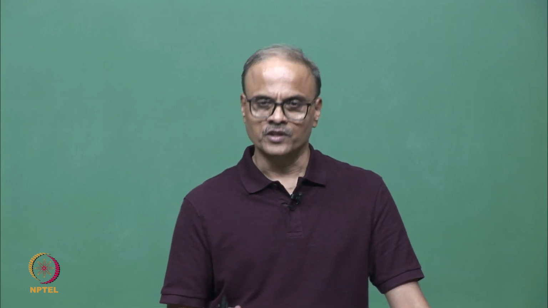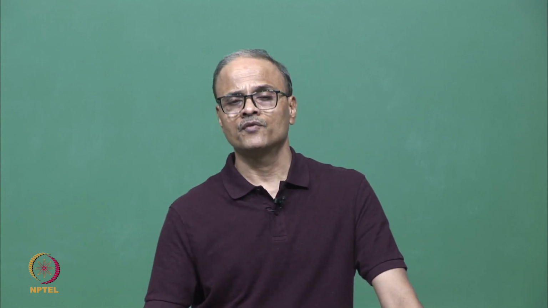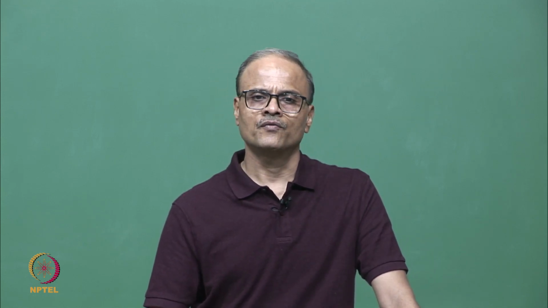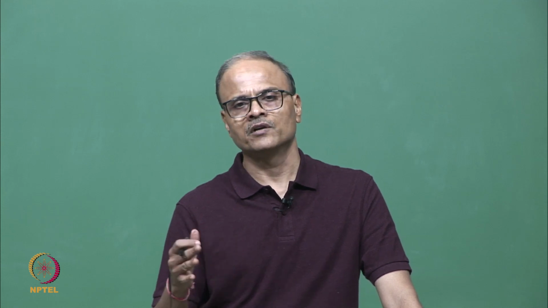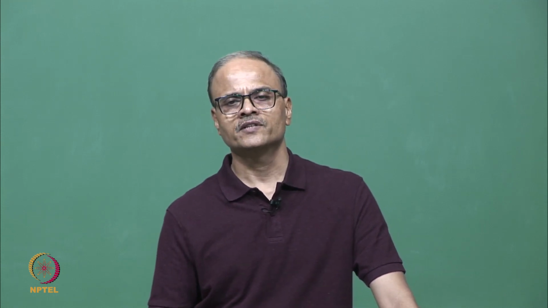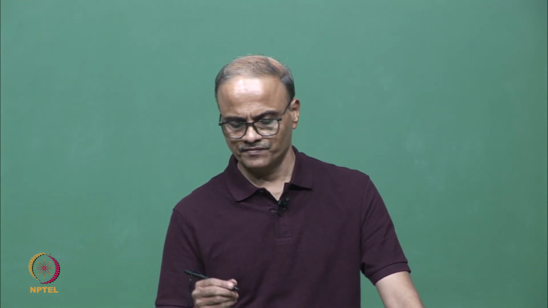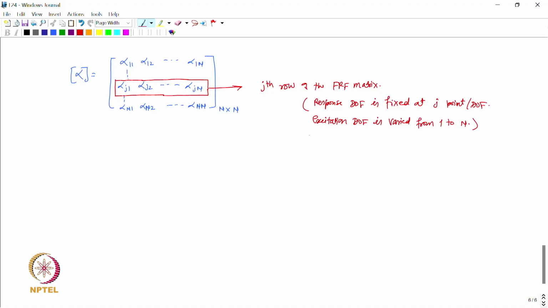That is why this strategy, in which the response DOF is fixed and the excitation DOF is varied to measure different FRFs, is referred to as a roving hammer test. The hammer is moved from one point to the next and to the last point.